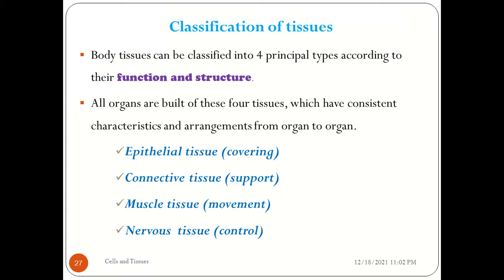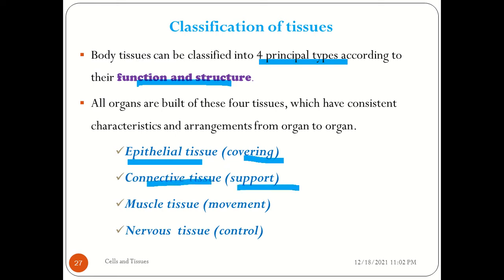Classification of tissues. Body tissues can be classified into 4 principal types according to their function and structure. All organs are built of these 4 tissues, which have consistent characteristics and arrangement from one organ to another. One is epithelial tissue, used for covering. The other is connective tissue, used for support.